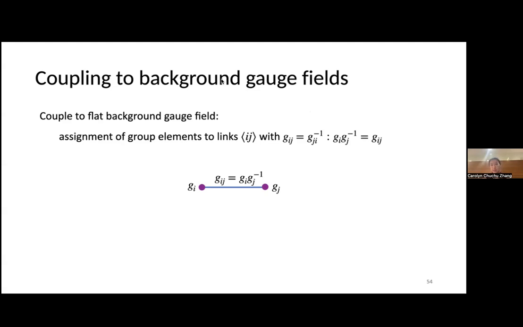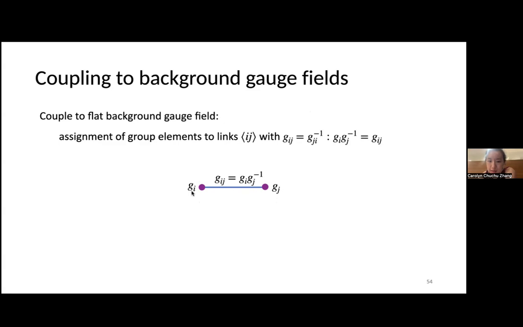So what does it mean to couple to background gauge fields? Well, coupling to a flat background gauge field means that there's an assignment of group elements to each of the links. So you can think of this as the state of the gauge field, and it's completely fixed by the matter degrees of freedom.